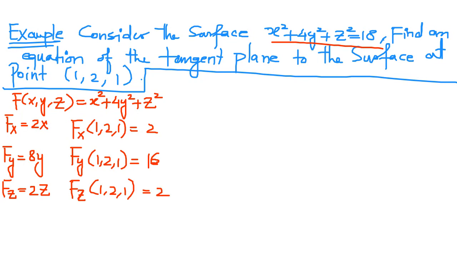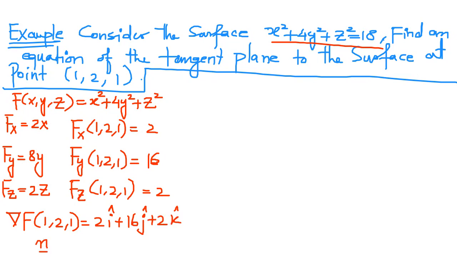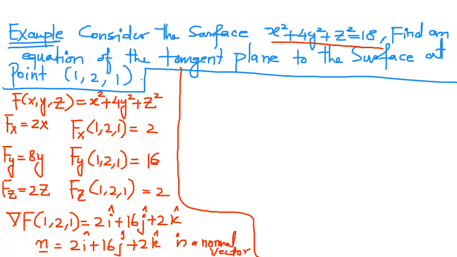Okay, so now the gradient of the function at point 1, 2 and 1 is equal to 2i plus 16j plus 2k. So that is a normal vector. So the normal vector is 2i plus 16j plus 2k. Now we have to calculate the equation of the tangent plane.